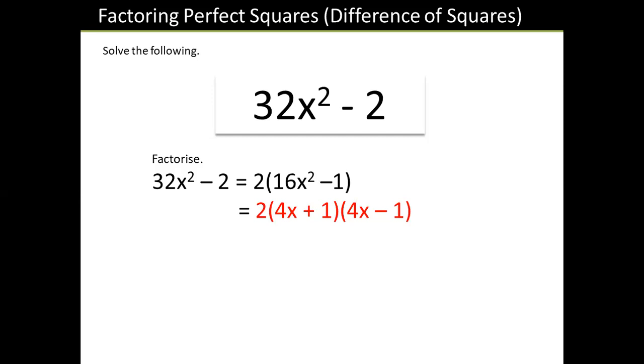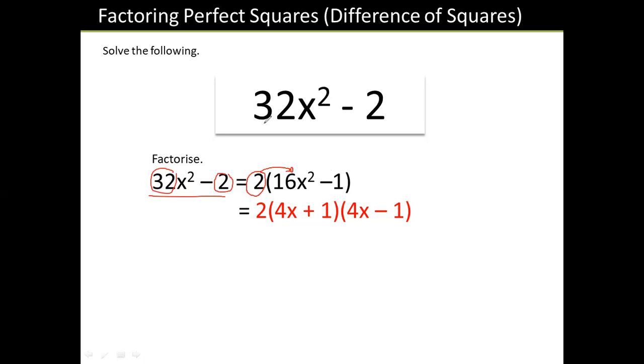Okay, there. If we factor out 32x squared minus 2, take note that 32 and 2 have common factors. So we factor out the common first, which is 2. Take note, if you multiply 2 times 16x squared, that is 32x squared. 2 times negative 1 is negative 2.